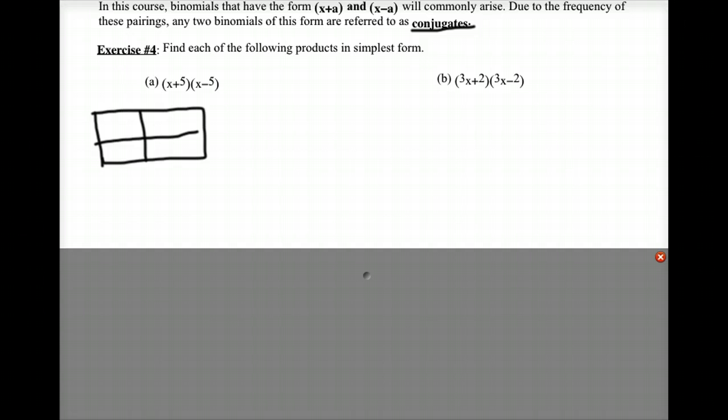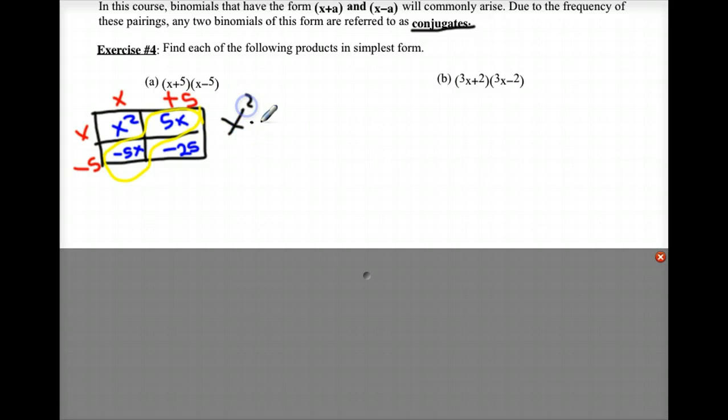So, I want to write these out. It's a 2 by 2 because I'm dealing with binomials. Keep my sign, x minus 5. This becomes x squared, 5x, minus 5x, minus 25. Again, these are my like terms. 5x take away 5x kind of cancels each other out.